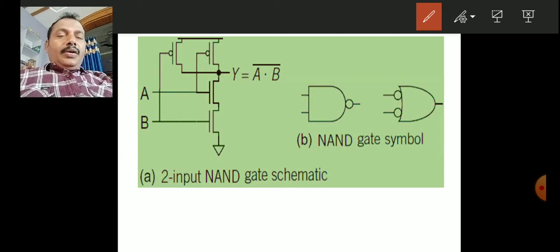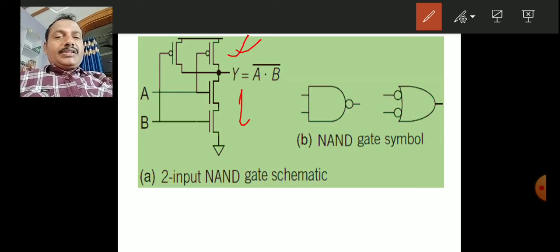Now, after connecting like this, parallel in the top and series in the bottom, what you have to do is take the gate of the first transistors. This is the first PMOS, this is the first NMOS.